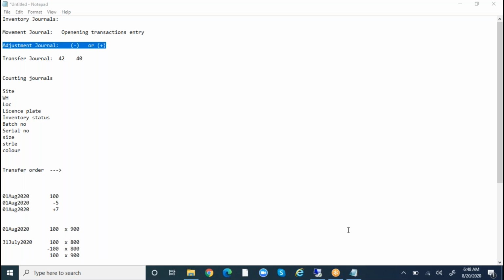So you have to adjust the inventory now. Let's say it's sitting in the warehouse and it lost its moisture. Now we have to adjust the inventory before it is sent to the customer. So is this adjustment journal used, or any other?